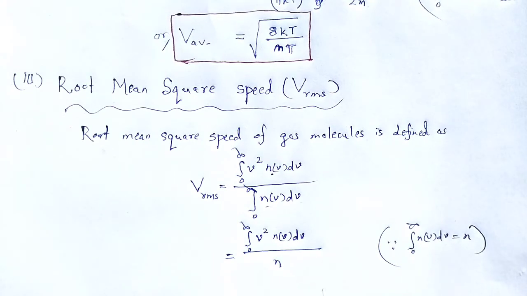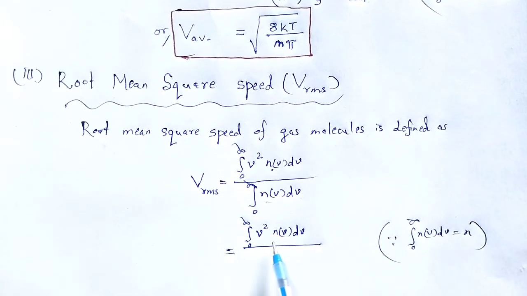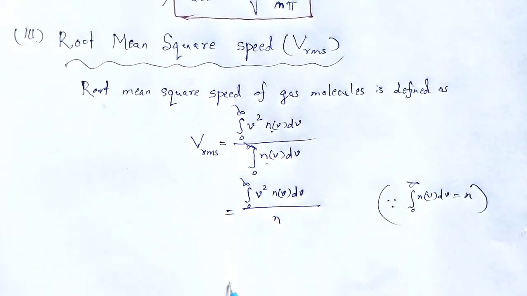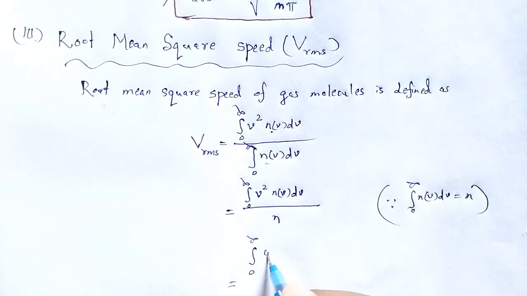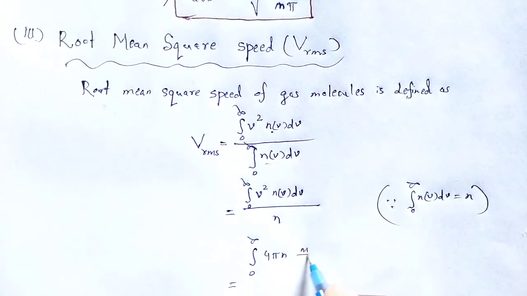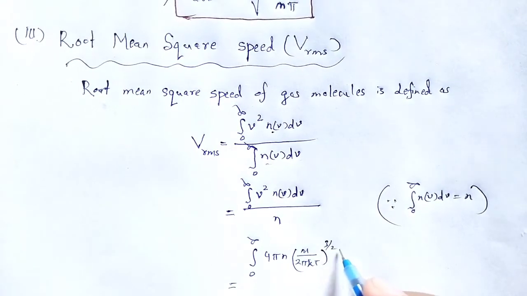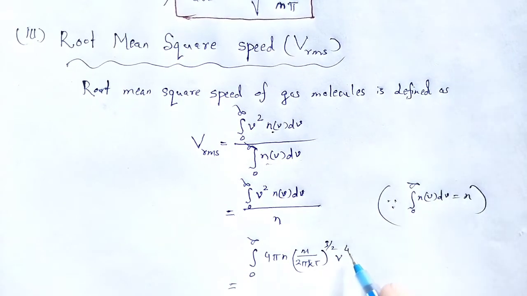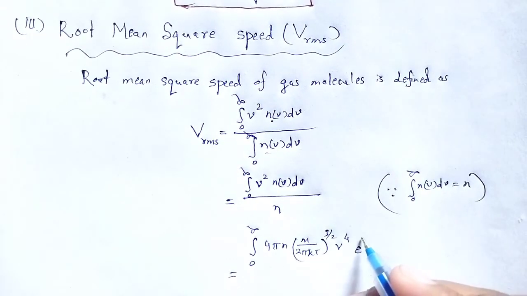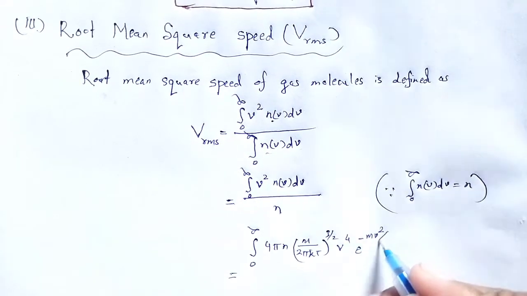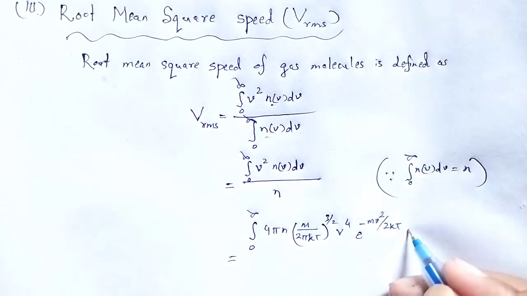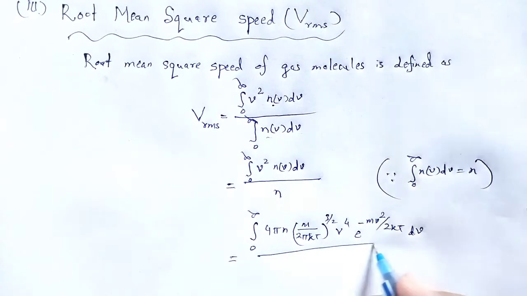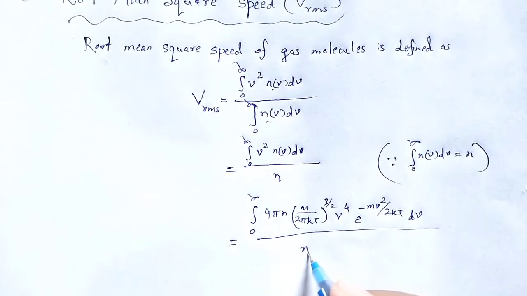Here we put the values of n_v dv, that is integration from 0 to infinity of 4 pi N (m by 2 pi kT) to the power 3 by 2, v to the power 4, e to the power minus mv square divided by 2 kT, dv, whole divided by N.